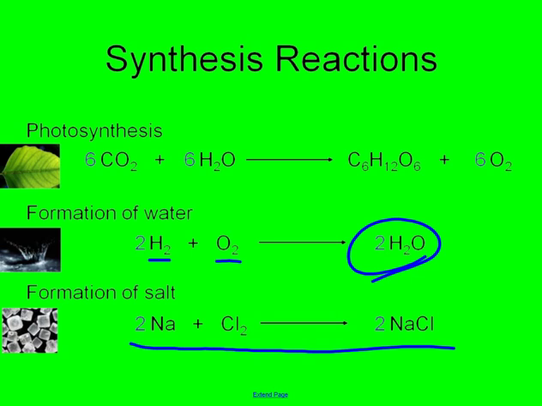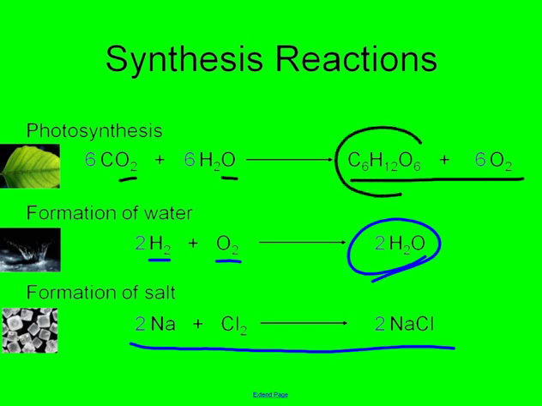Now, one that's a little different and will not come up very often at all is the process of photosynthesis. In this case, we do have one thing in common with the previous page in that both of these compounds that are reacting share an element, namely oxygen. But we actually do have two products.